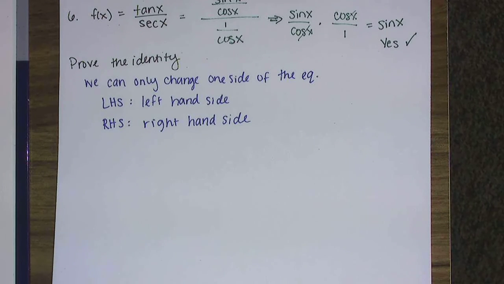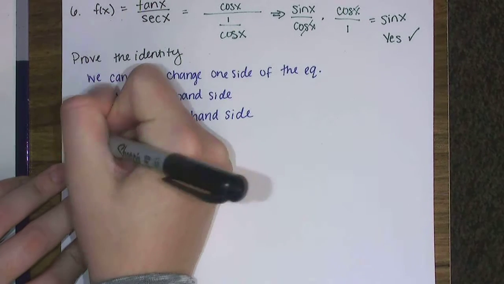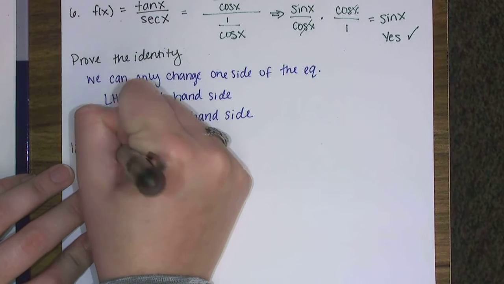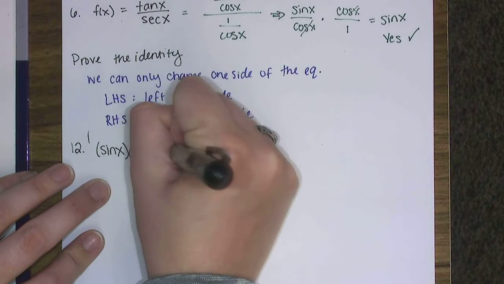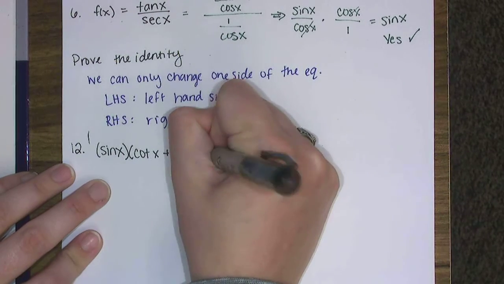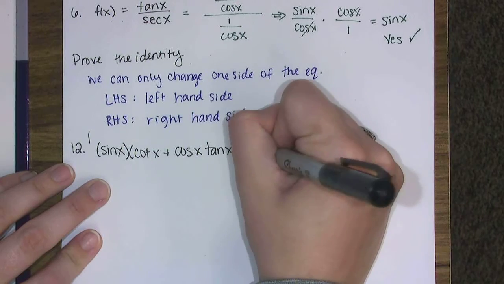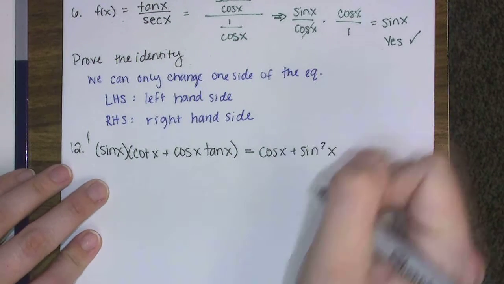So let's start with 12. So 12 we have sine of x times cotangent of x plus cosine of x tangent of x is equal to cosine of x plus sine squared of x.